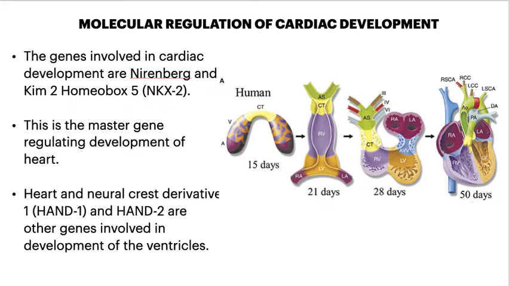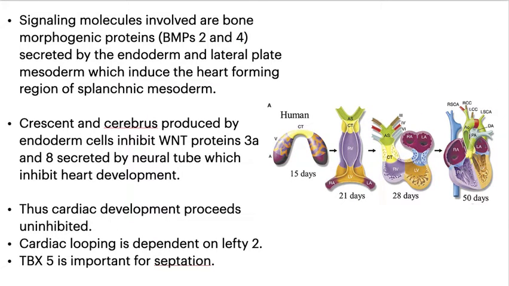Molecular regulation. The genes involved in cardiac development are Nkx2.5, the NK2 homeobox 5. This is the master gene regulating the development of the heart and the neural crest derivatives. Hand1 and Hand2: what other genes are involved in the development of the ventricles? Signaling molecules involved are bone morphogenetic proteins BMP2 and 4, secreted by the endoderm and the lateral plate mesoderm, which induce the heart-forming region of the splanchnic mesoderm.